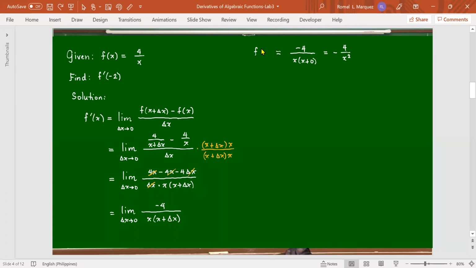Guys, all we have to do is replace x by negative 2, of course. Negative 4 over negative 2 quantity squared, and this is equal to negative 1. Am I right, guys?